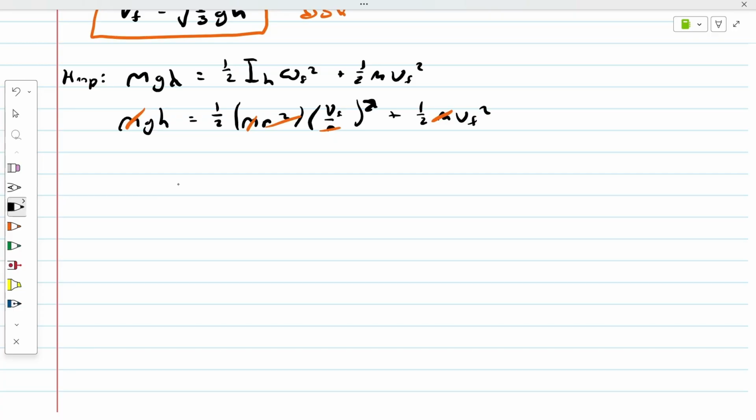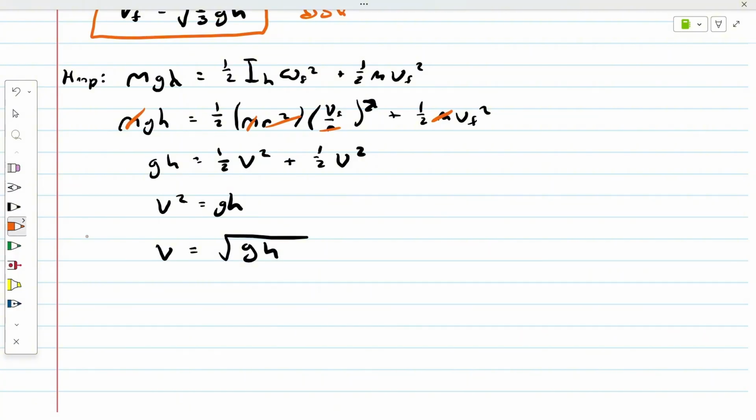And we will end up with just gh equals 1/2 v squared plus 1/2 v squared. And so this is just going to be v squared equals gh, because these two just equal 1 v squared, and then we can get our square root, and this is our final answer.